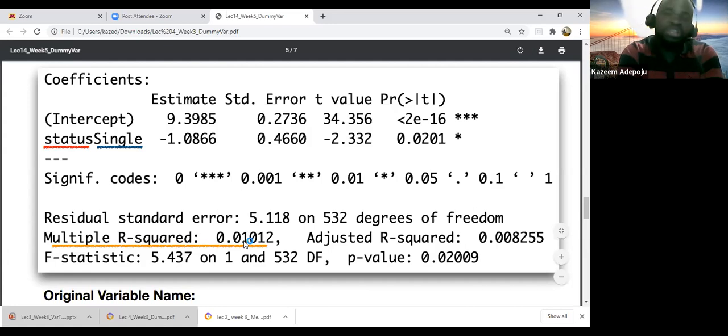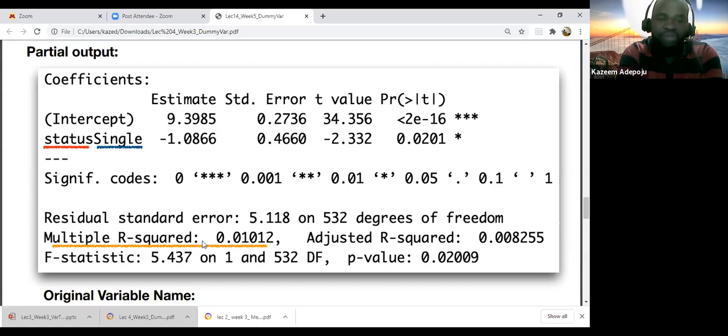I'm going to tell you in the subsequent lecture what we can do. If the R square is very small like this, though this is a technique that we can use, we also need to check the R squared.